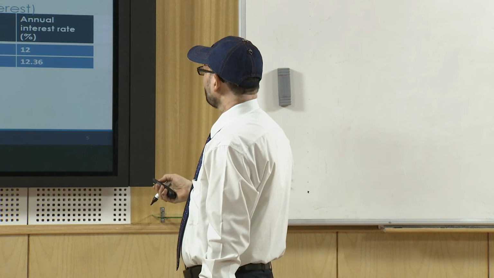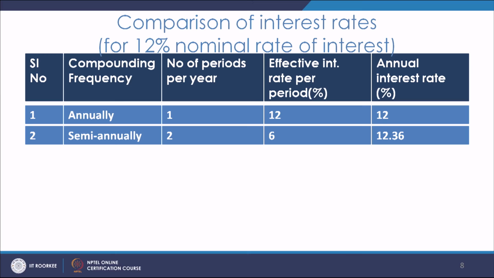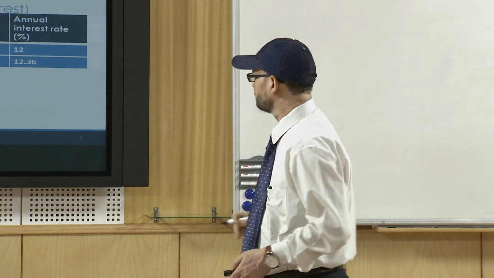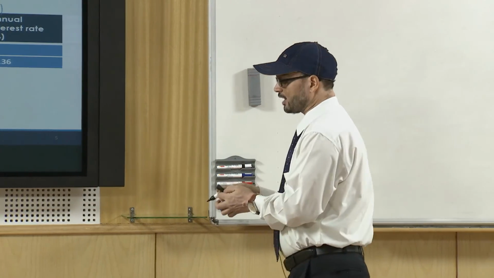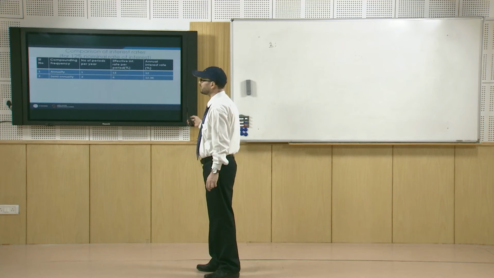So, for a period of 6 months the effective interest rate is 6%, but if we calculate the effective interest rate for the year, it comes out to be 12.36.